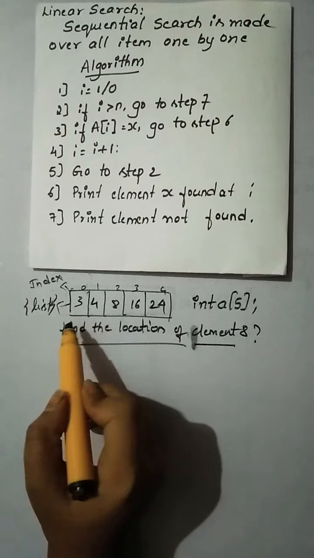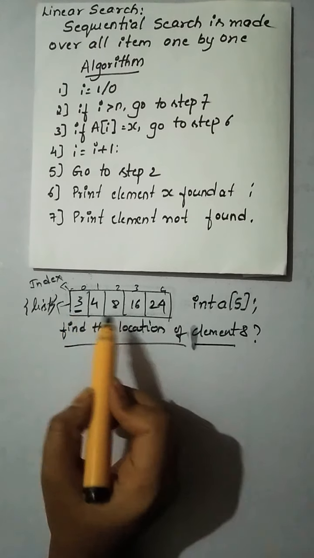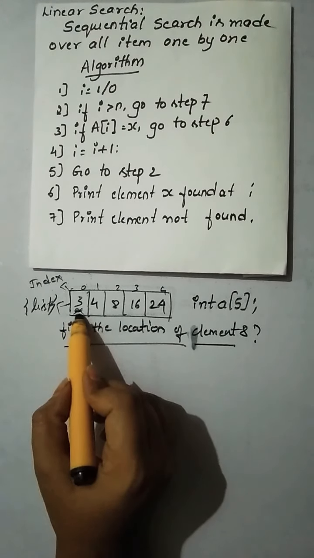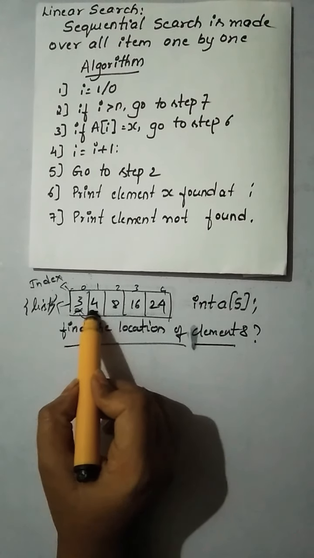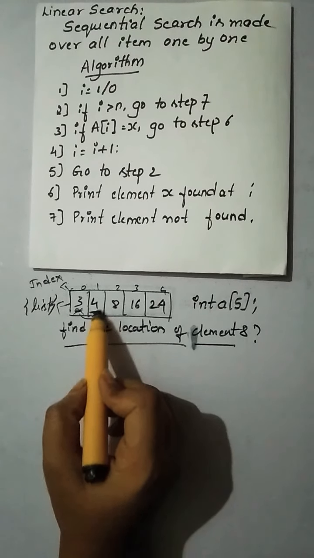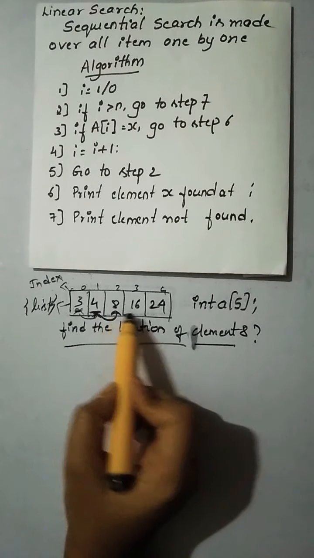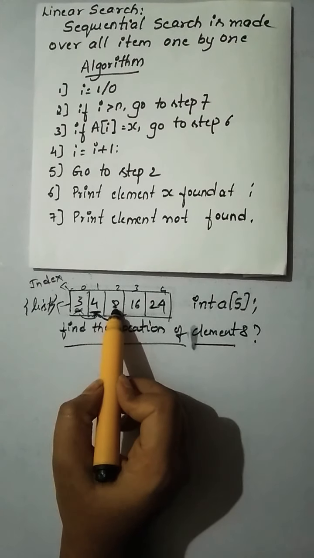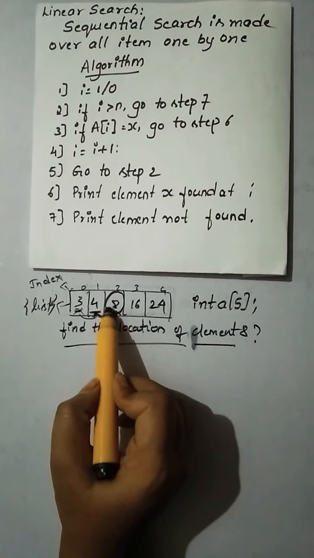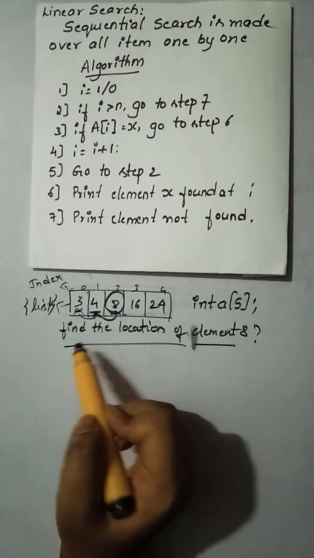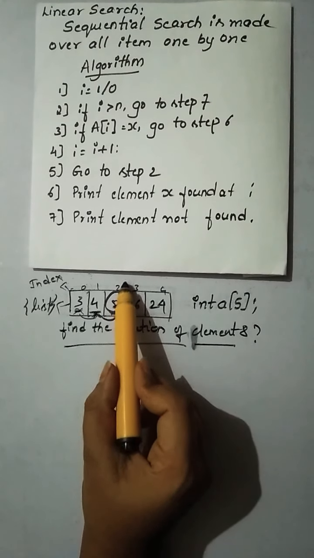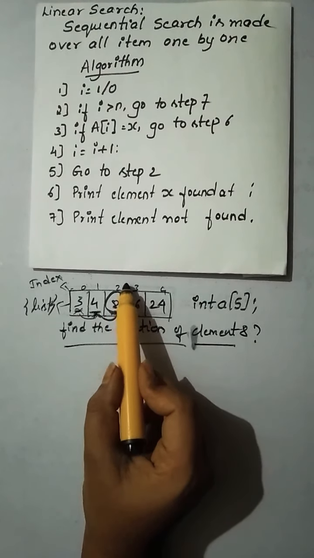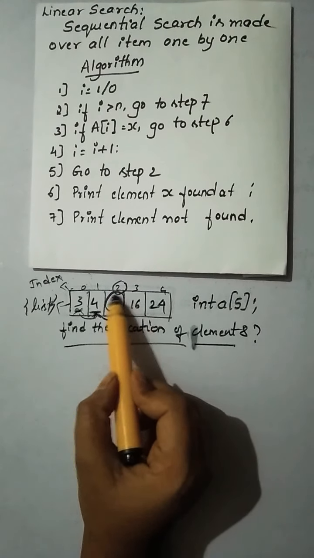Is the element 8 there? No. Then the cursor goes to the next index. Is 8 there? No. Next the cursor moves here. Is the element 8 here? Yes. This is the location of the element 8. In which index is it? The element 8 is at index 2.